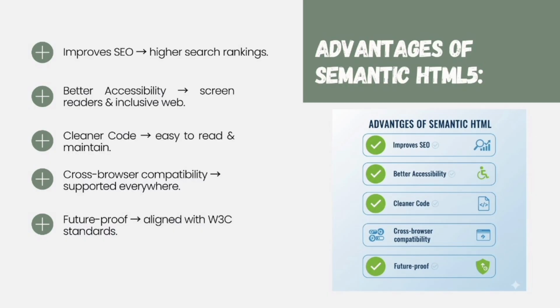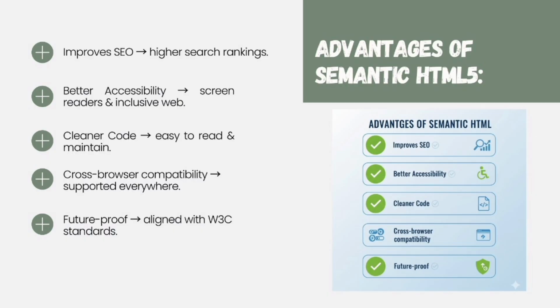Third, cleaner code. Semantic tags are self explanatory, making the code much easier to read, debug, and maintain, which saves your team time and money. Fourth, cross browser compatibility. Since these are core W3C standards, they are universally supported by all modern browsers.